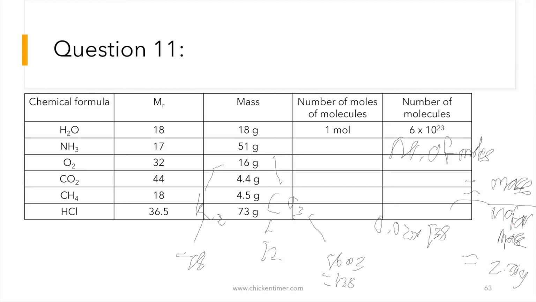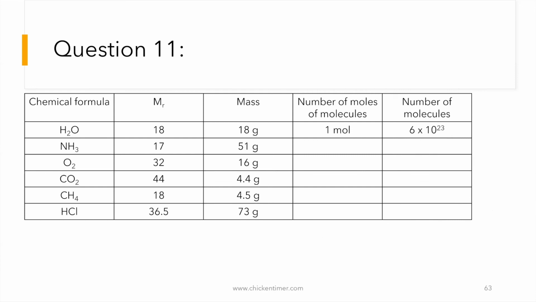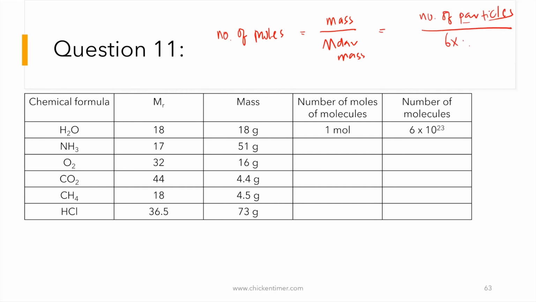This one connects the number of molecules and the number of moles. So let's recall again: number of moles equals mass over molar mass. It also equals the number of particles over 6 times 10 to the power 23. Let me do an example with carbon dioxide.